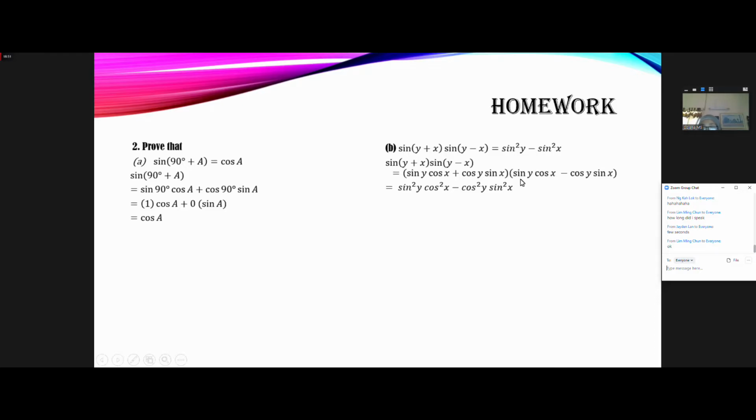So that cos squared x and this cos squared y, you replace with the basic identity. See? This one should be 1 minus sine, this one should be 1 minus cos. Sorry, it's the other way around: this one, cos squared is 1 minus sine, this one is 1 minus cos. I got my brackets reversed.